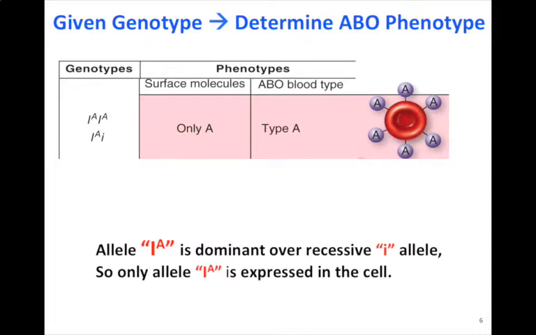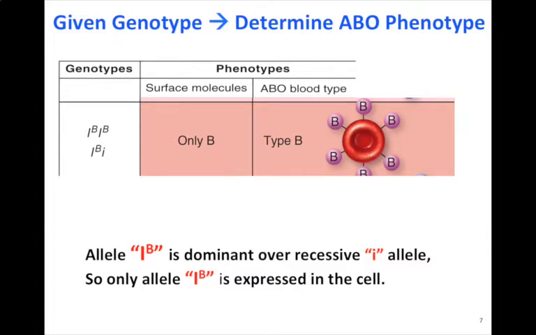Someone who is IAIA would only make the A antigens, and therefore they would express the A antigens on their surface, and they would be called type A. But in the heterozygous condition, IA little i, the big IA allele is dominant over the recessive little i, and so they would still be the type A phenotype.